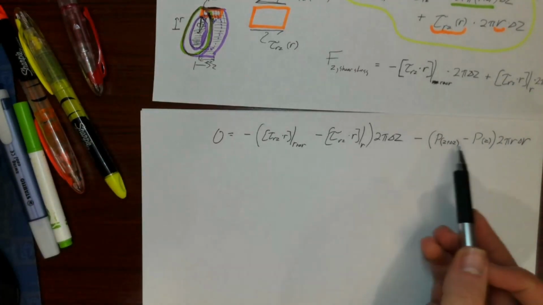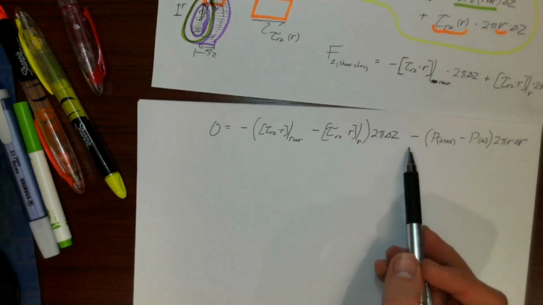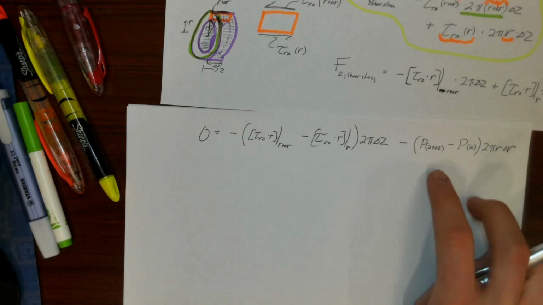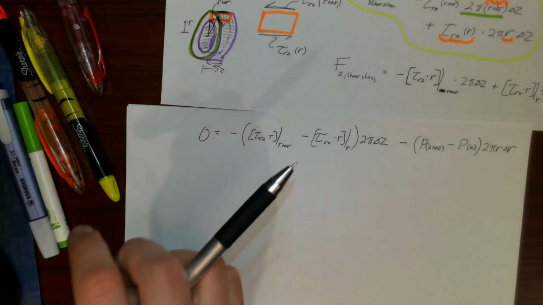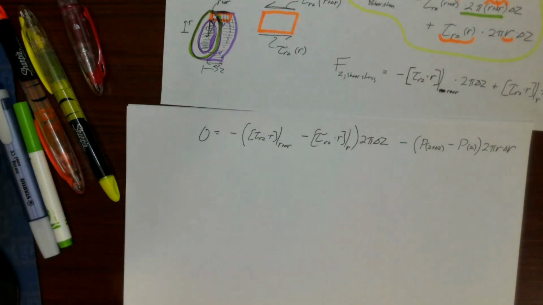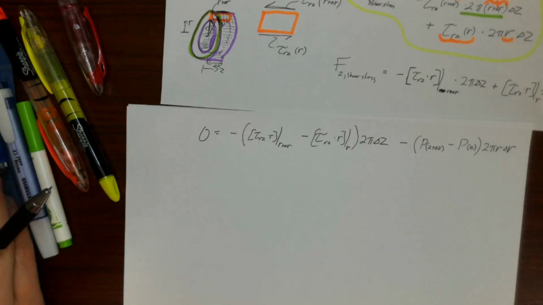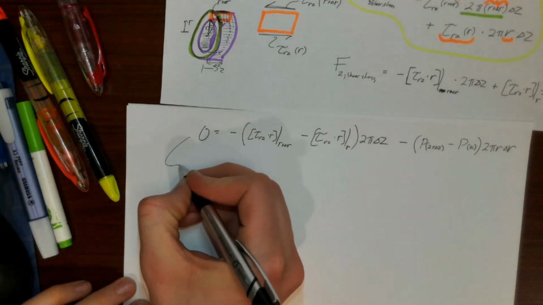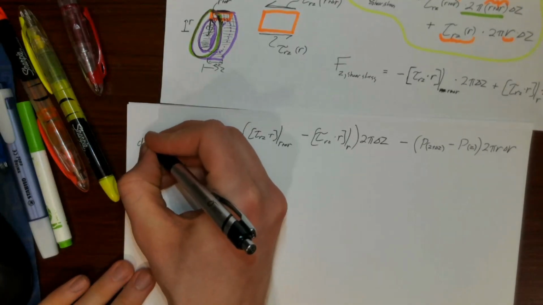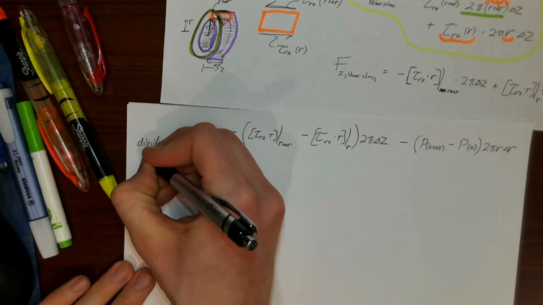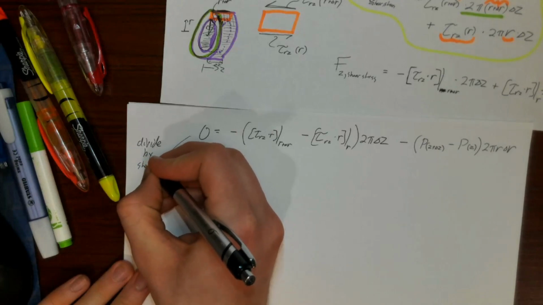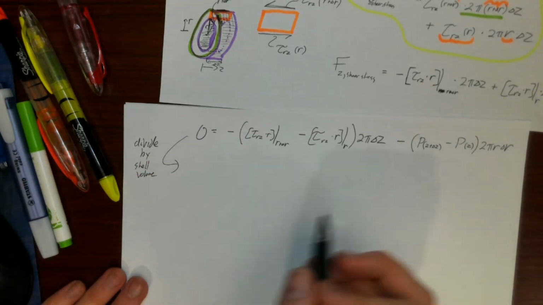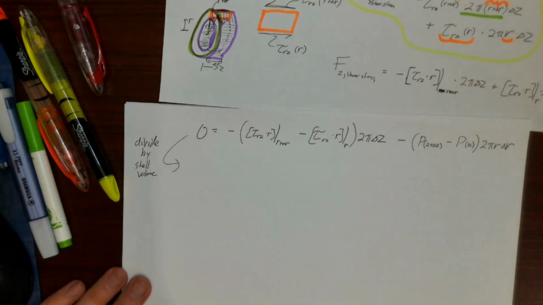So once I get to an expression like this, I have things that look like differences. Hey, can I move in the direction of the definition of derivatives with these? Why, yes, I can. Typically, when we get to this expression, we go to the next step. We want to divide by the shell volume. So if I take these expressions and divide them by the shell volume, what do I get?